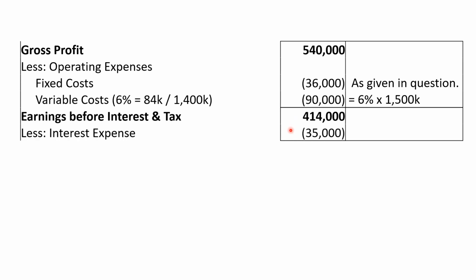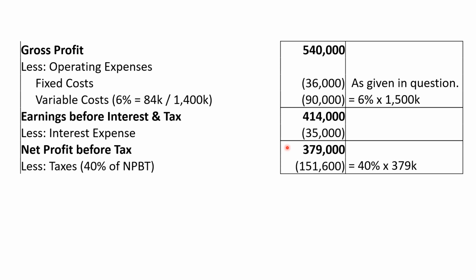Next, we minus off interest expense, which remains unchanged. It gives you 379. This is the net profit before tax. Moving on, tax is at 40%. So basically 40% times 379K gives you 151.6K. So 379 minus 151.6 gives you 227.4K.